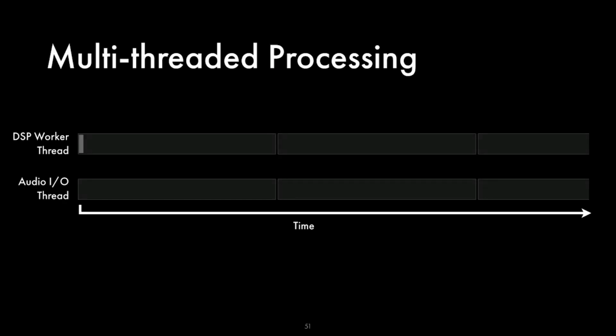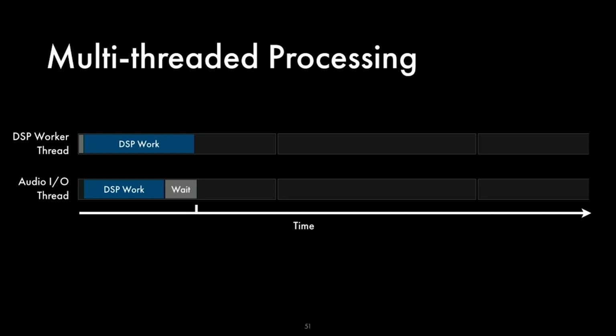So how will multi-threaded processing work? It's pretty similar to the workaround that I showed before, the deferred DSP workaround. The idea is that at the beginning of an I/O callback, we signal a DSP worker thread that work has begun. It's then going to perform DSP work.